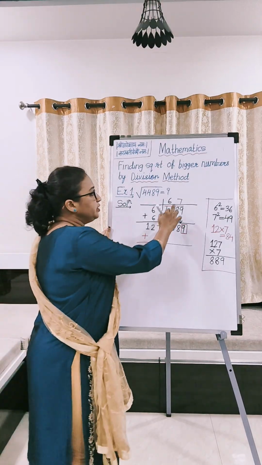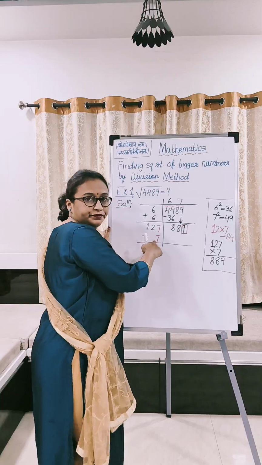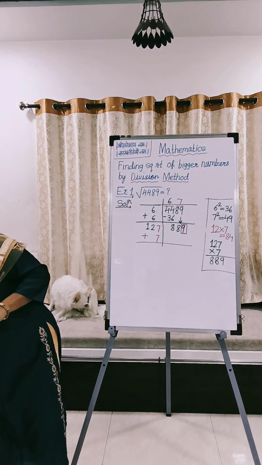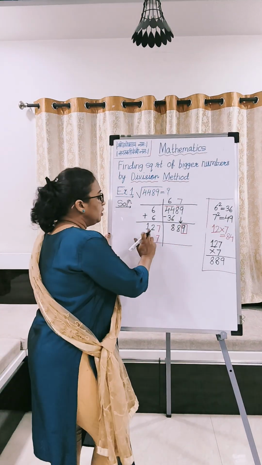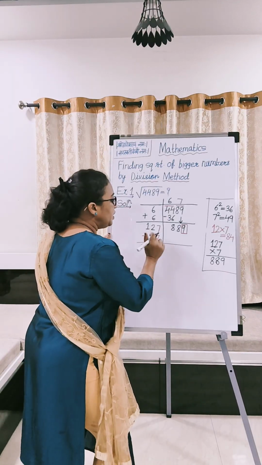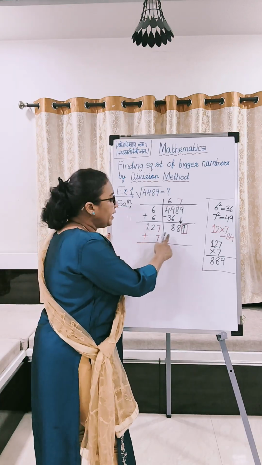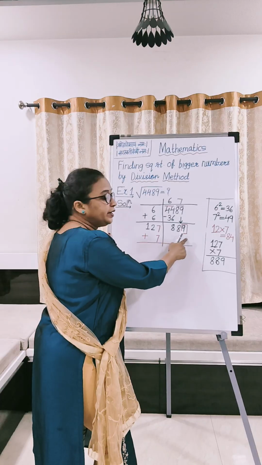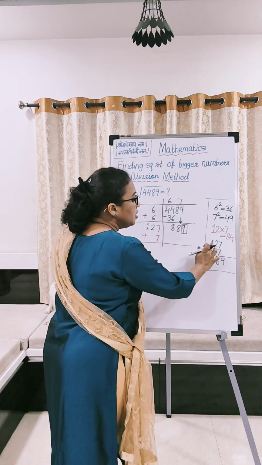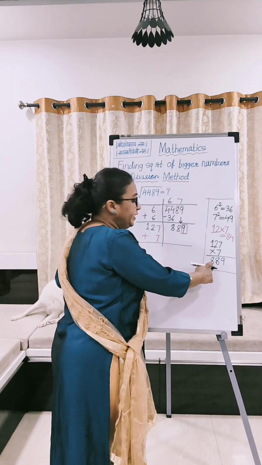In this way we write 7 three times. Now what are we going to do next? We multiply 127 by 7 and write it here. After multiplying 127 by 7 we get 889.